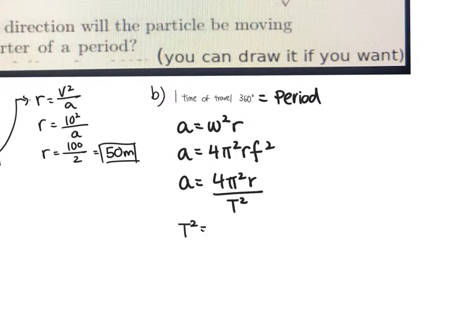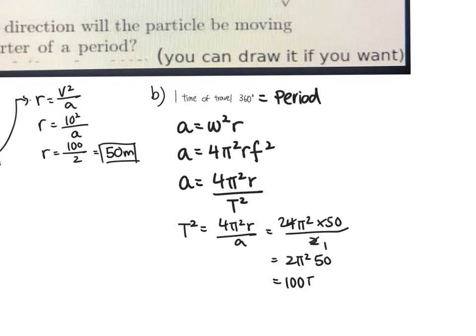Then t squared equals 4 pi squared r over a, which is 4 pi squared times 50 over 2, which gives t squared, and that's your number 2 as well.